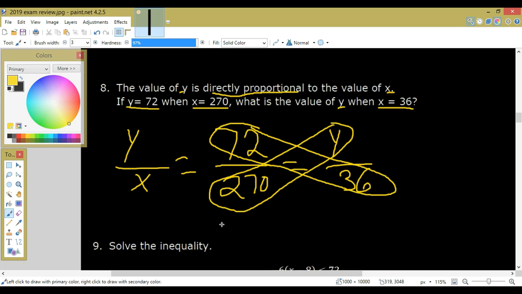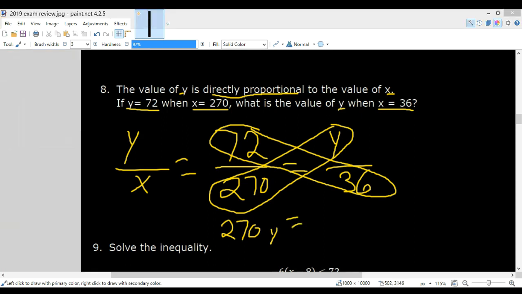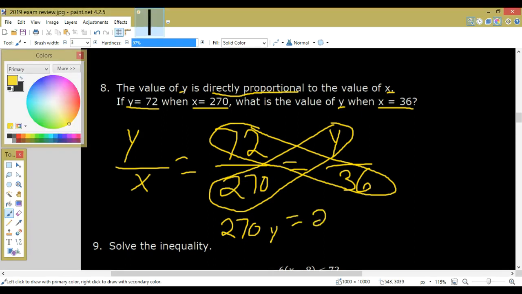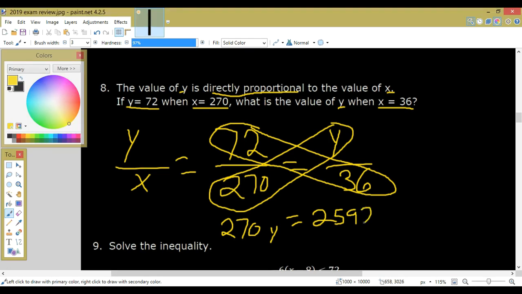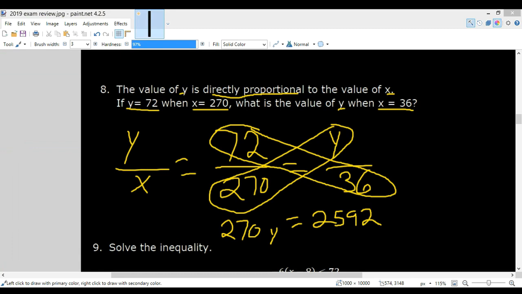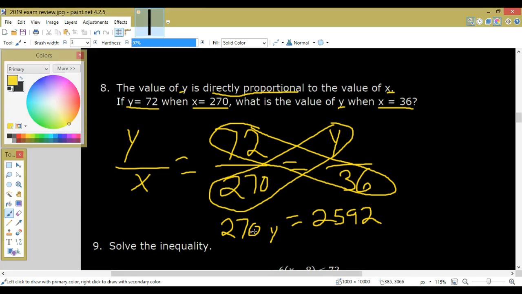Well, 270 times y is just 270y. And 72 times 36 is 2,592. So from here, we want to get the y by itself to isolate it.